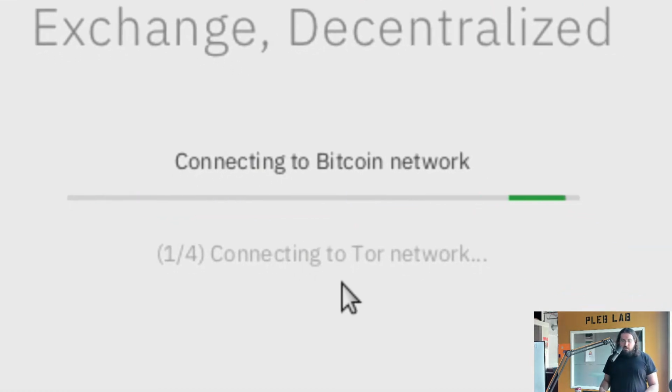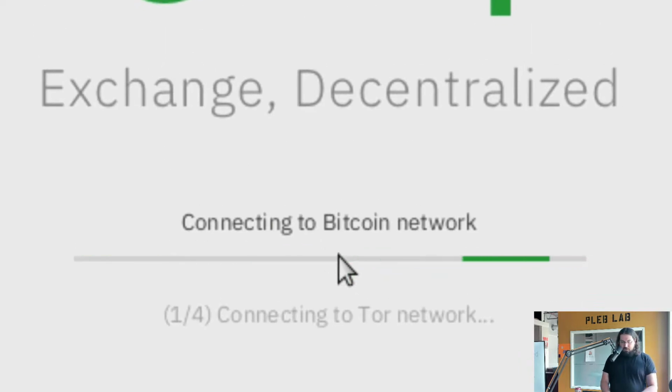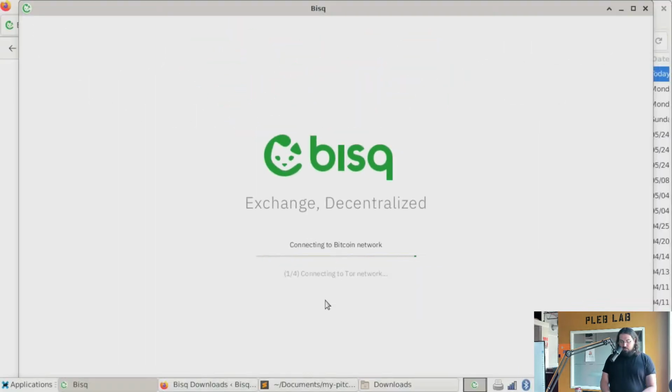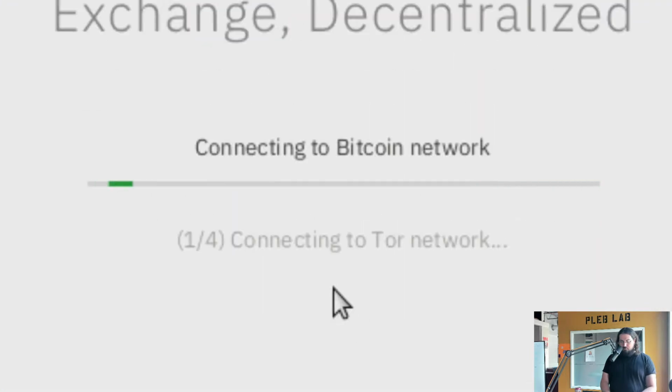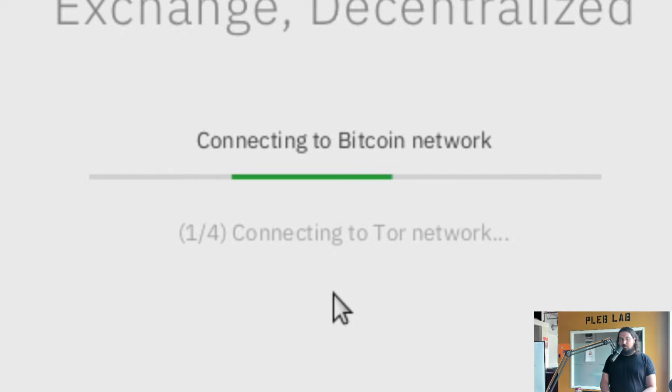Bisq is pretty cool. Everything that it does happens over Tor, so that you never need to worry about exposing your internet service provider's given IP address. And it also uses Bitcoin for the money, so it's pretty cool. Although I am a little surprised that it's taking a long time to connect to the Tor network. Because ordinarily, back when I used to use this, this part was already done by now.